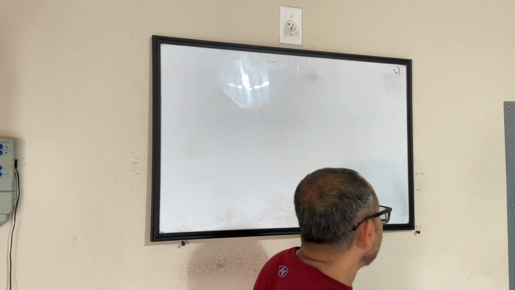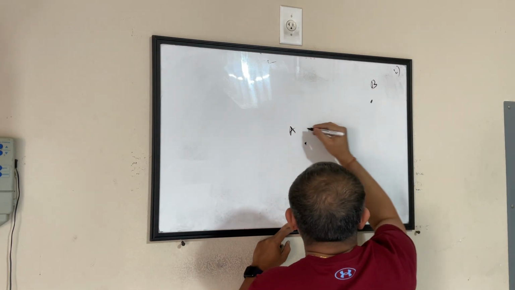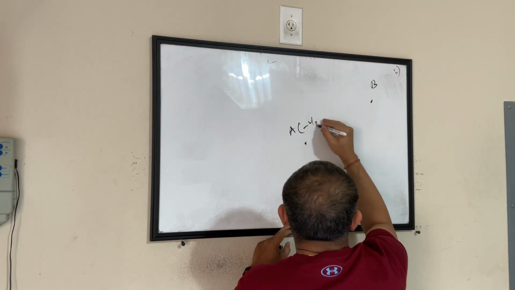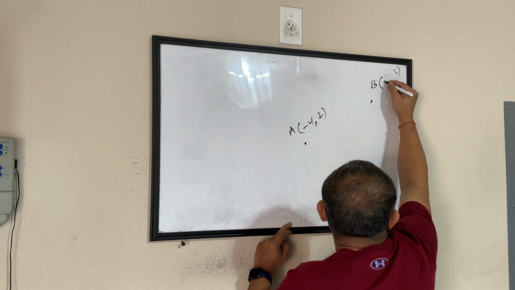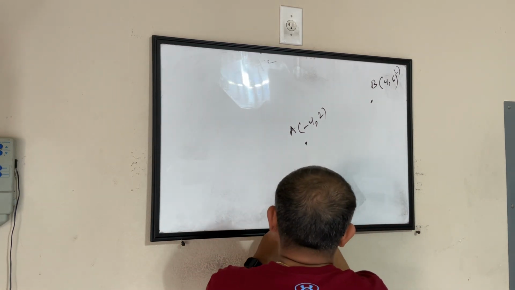Alright, so the distance formula is simple. If somebody gives 2 points, A is (-4, 2) and B is (4, 6), find the length of the line. You will say, okay, fine.